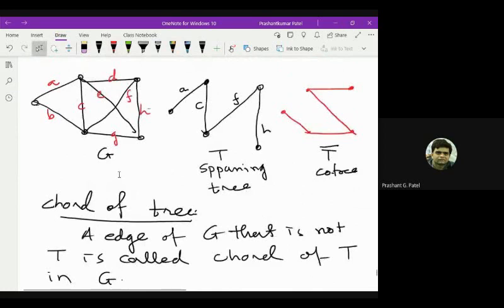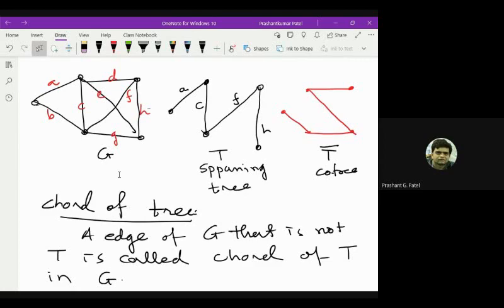If a graph contains a spanning tree, what is the property you can say about it? I'm repeating the question. If you found a spanning tree in a graph G, then what can you say about G? Is it a connected graph or a disconnected graph? Connected graph.